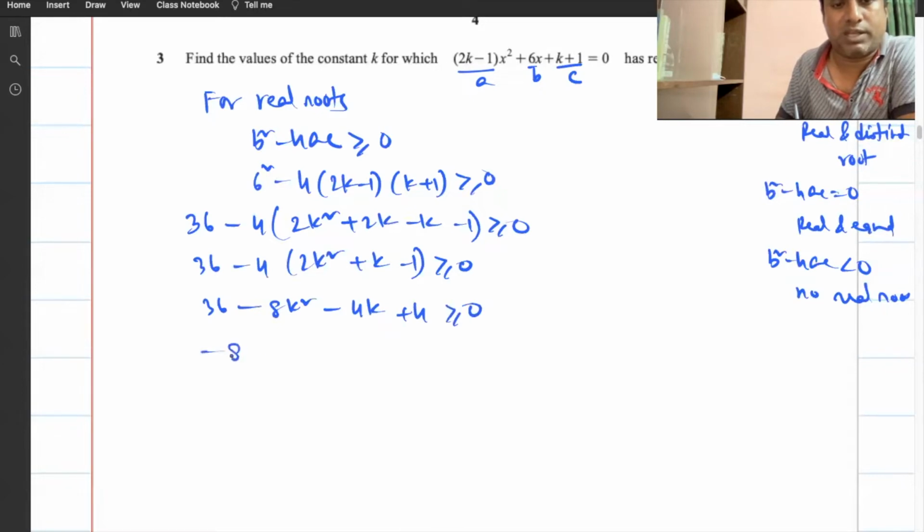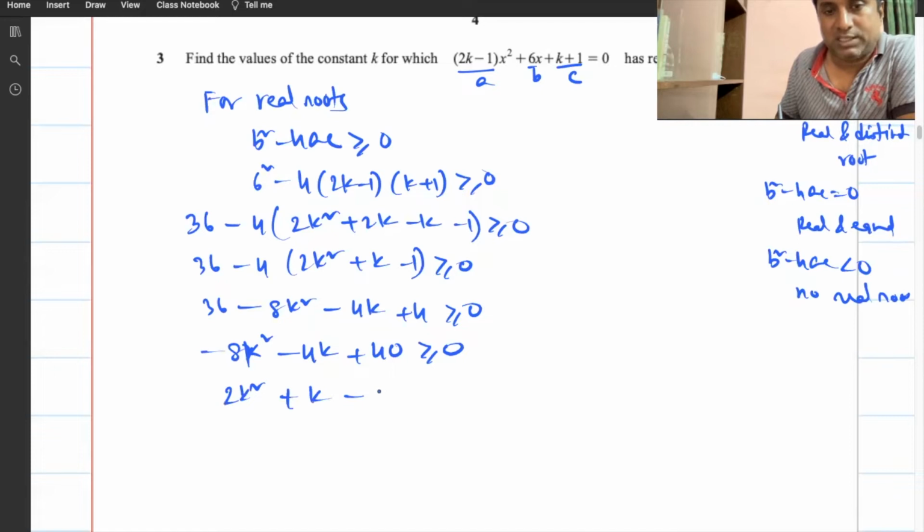Let me simplify: minus 8k squared minus 4k plus 40 greater than or equal to 0. If I divide all these terms by minus 4, it becomes 2k squared plus k minus 10 less than or equal to 0. Since an inequality sign changes when divided or multiplied by a negative number.